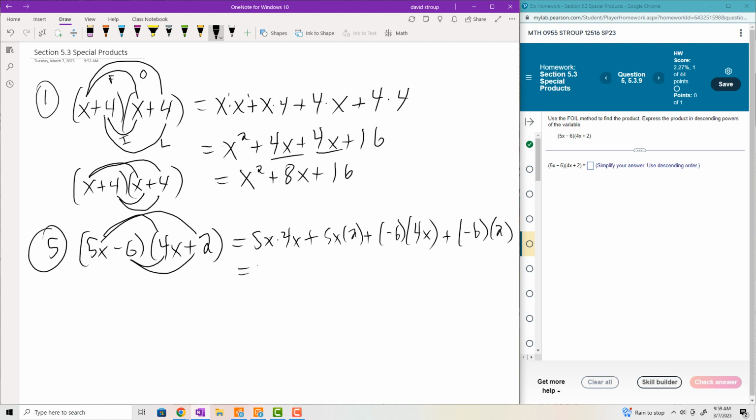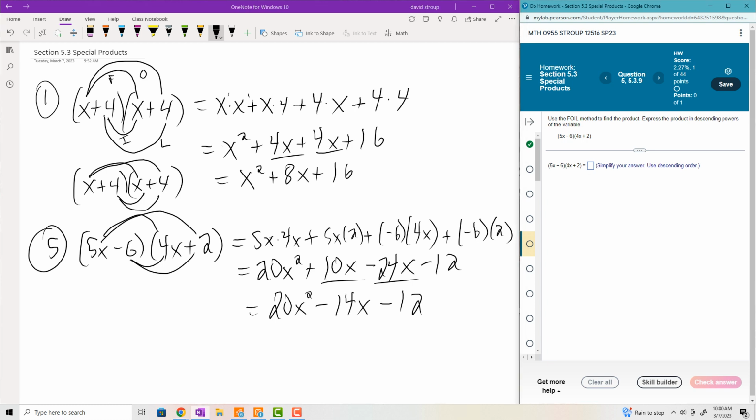So we get 5 times 4 is 20, x times x is x squared, plus 5 times 2 is 10x. Negative 6 times 4 is negative 24x, and then minus 12, and then combine your like terms. So 20x squared minus 14x minus 12.